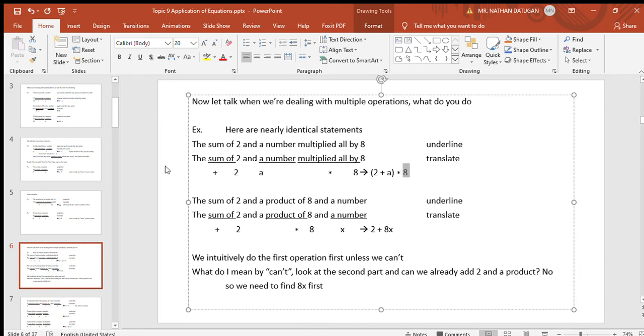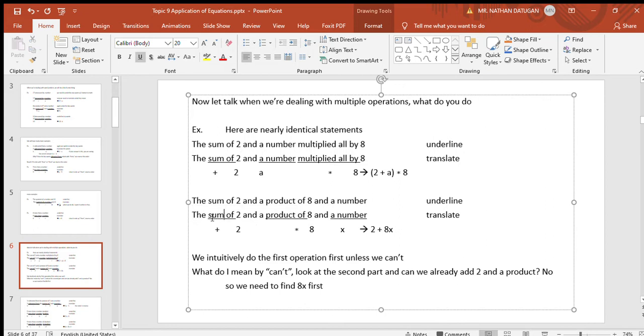And we're going to do the same thing we did in the first part. So the sum of 2 and a product. Can we already translate that? No, right? Because we don't know what product is.